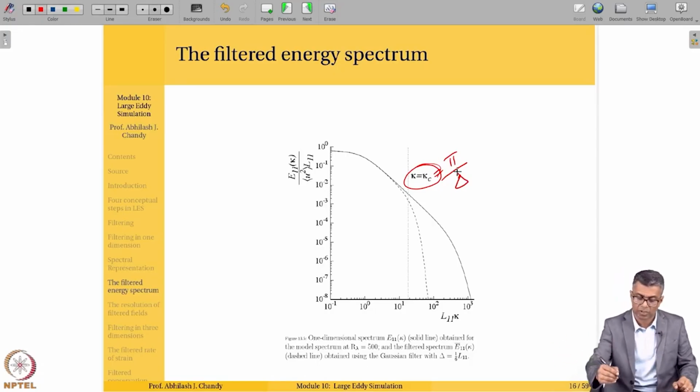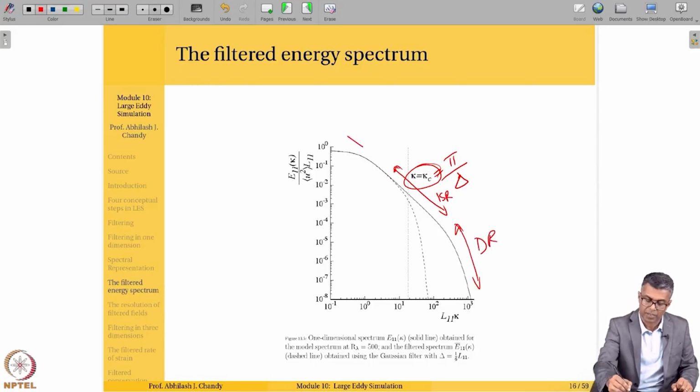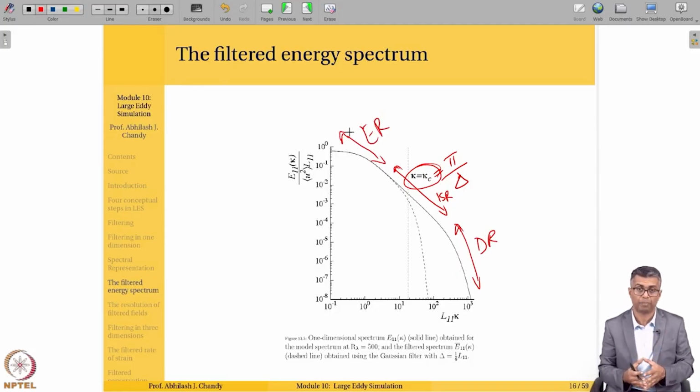And as you can imagine, kappa c is in the inertial subrange, ISR as we used to call it. This is the dissipation range. This is the energy containing range, approximately. And kappa c is in your inertial subrange, and that is what you need it to be. You need your cutoff wave number to be in the inertial subrange.